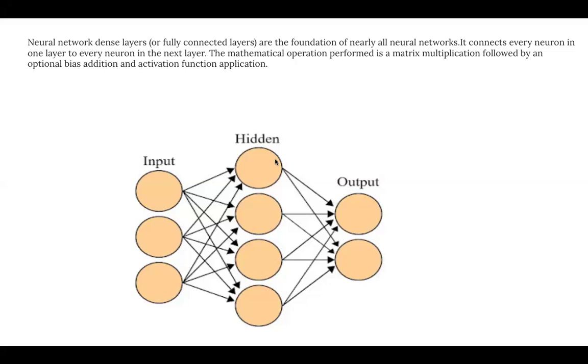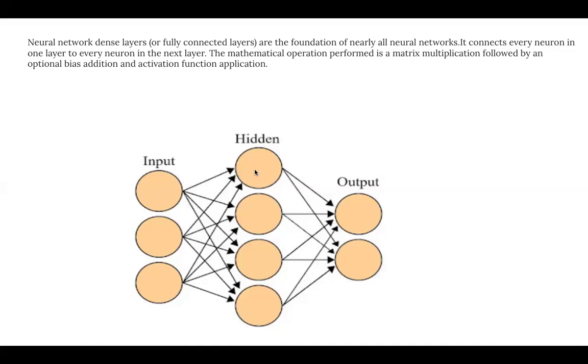But before we create dense layers, there are two concepts which I wanted to clarify. First one, what are dense layers? Dense layers are layers where every new tensor or perceptron or neuron, there are multiple names for the same thing, is connected to every other neuron in the previous layer.